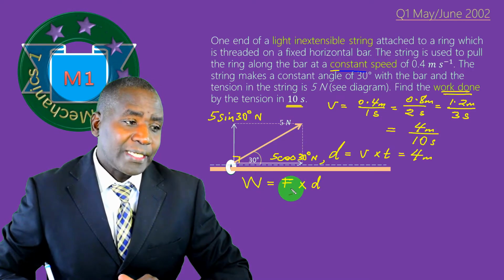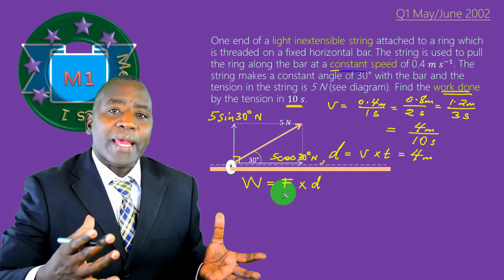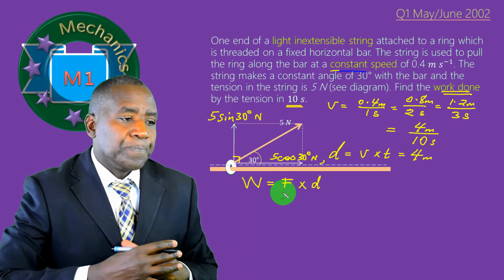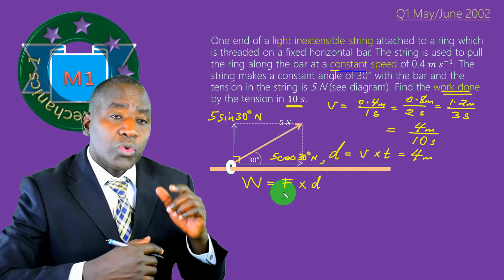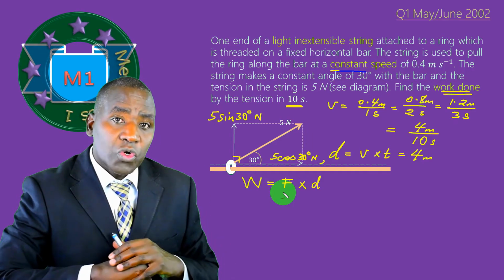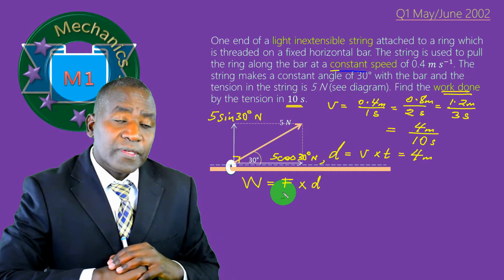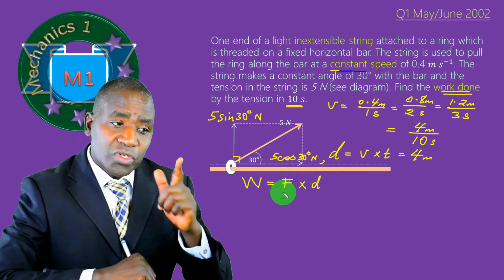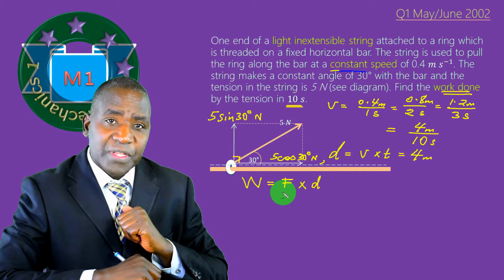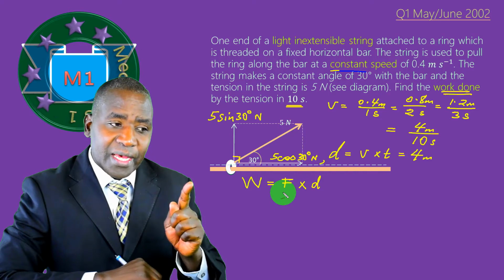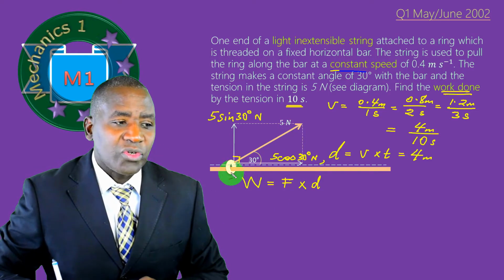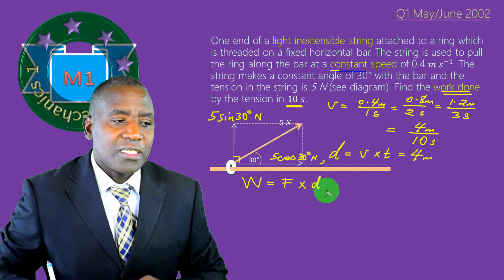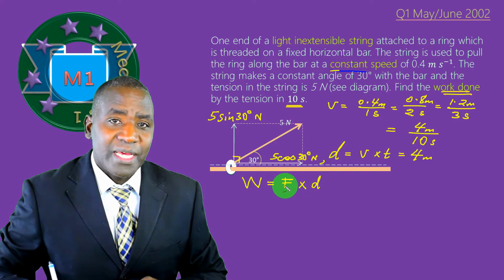I've been asked to calculate the work done. The question I ask myself here is, do I have all the other physical quantities necessary to calculate that physical quantity? Yes. There is the force, there is the distance. The only thing I need to remember here is that this force must be in the same direction as the distance. The distance and the force must be in the same direction.